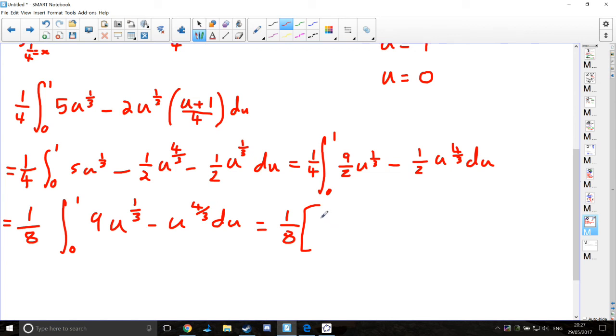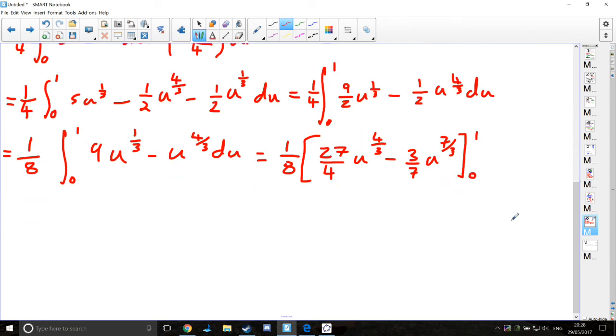So that's going to be 27 over 4 u to the 4/3 minus, and add 1 to the power, excuse me, gets you 7/3, so that's 3 over 7 u to the 7 over 3, from 1 to 0.